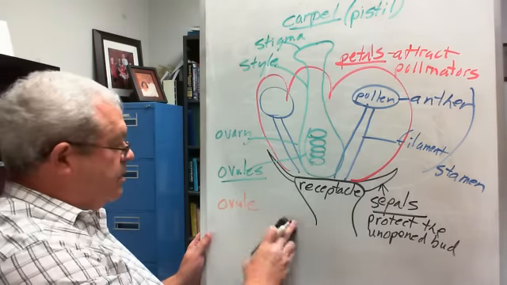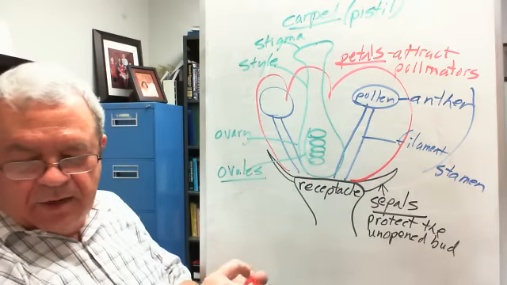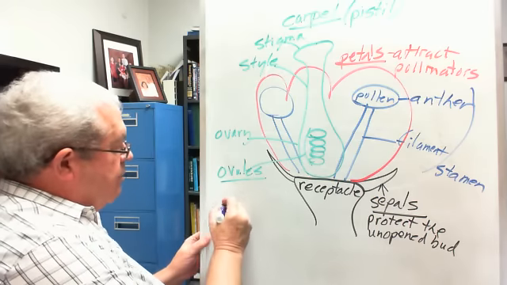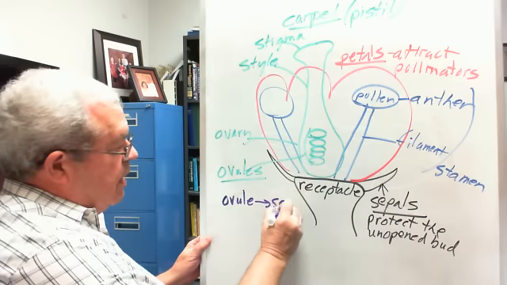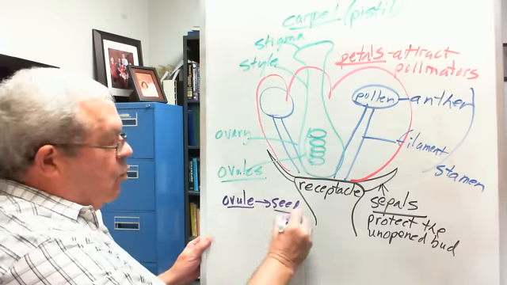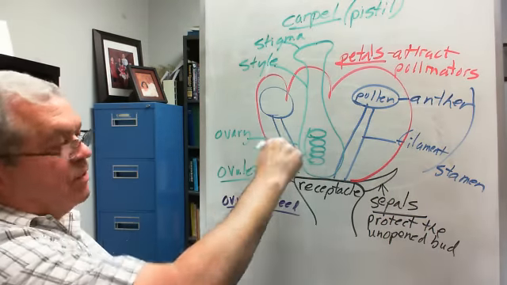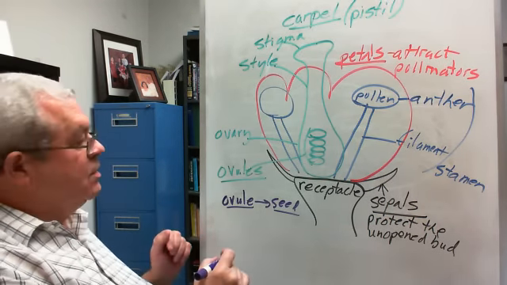That's not very good. Let's go with purple. An ovule, if all goes well, develops into a seed. One ovule becomes one seed. So ovules develop into seeds.